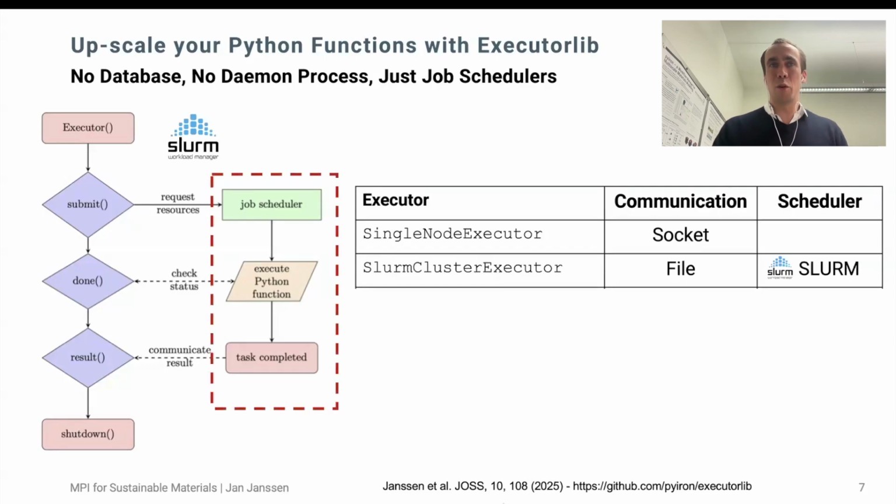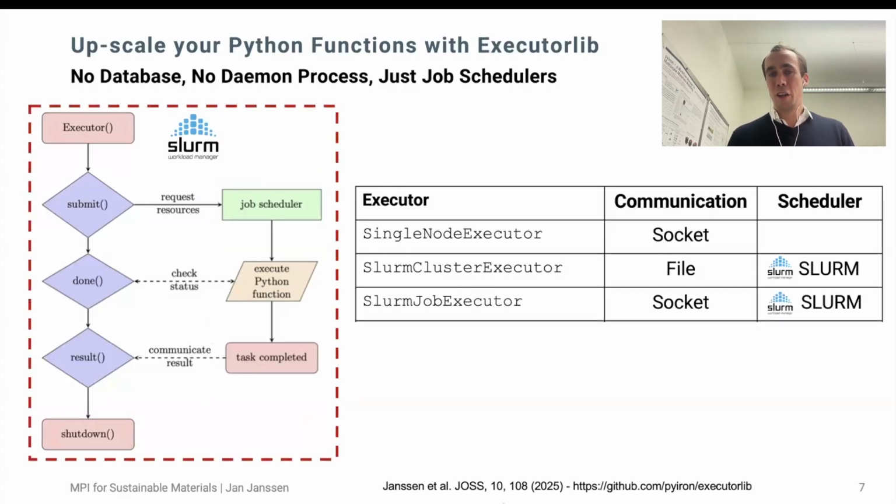Then maybe running their workflow on the first local supercomputer, where they most likely will use Slurm and maybe use file-based communication, because they submit the calculation from the head node one by one, and every calculation gets its own allocation. Then we also have this Slurm job executor, where we ask for a larger allocation and then basically use srun to submit the individual tasks, and then again use the sockets for the more efficient communication.